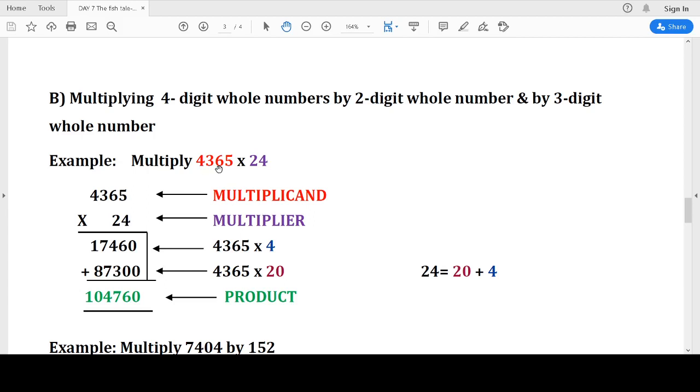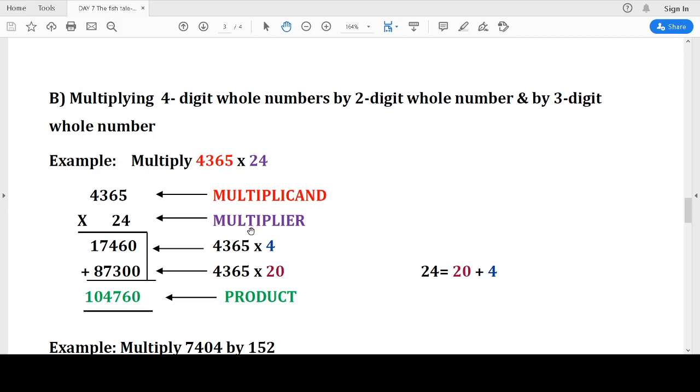The first number is always called the multiplicand and the second number is called the multiplier. We expand the multiplier and write the expanded form. So the expanded form of 24 is 20 plus 4.